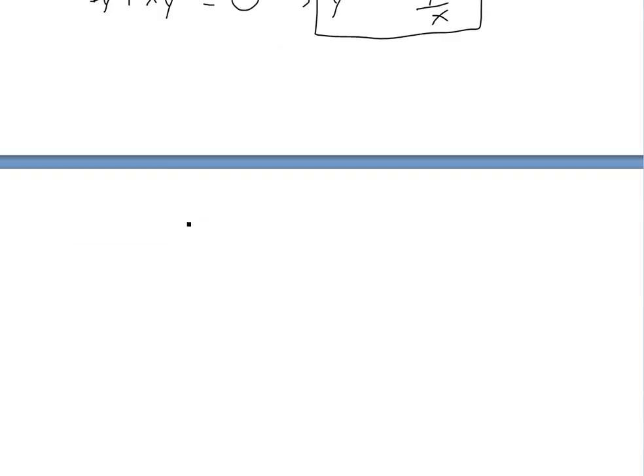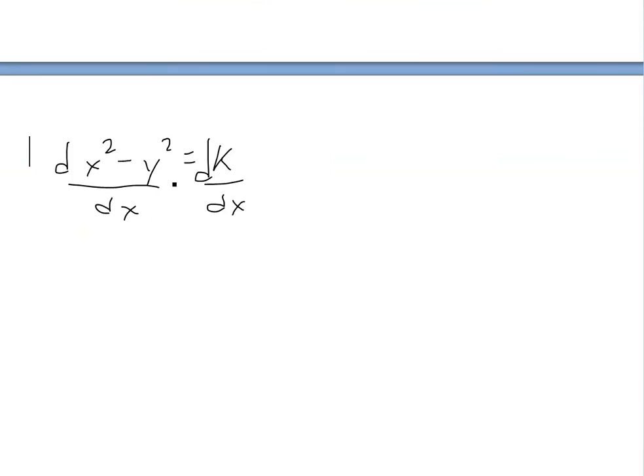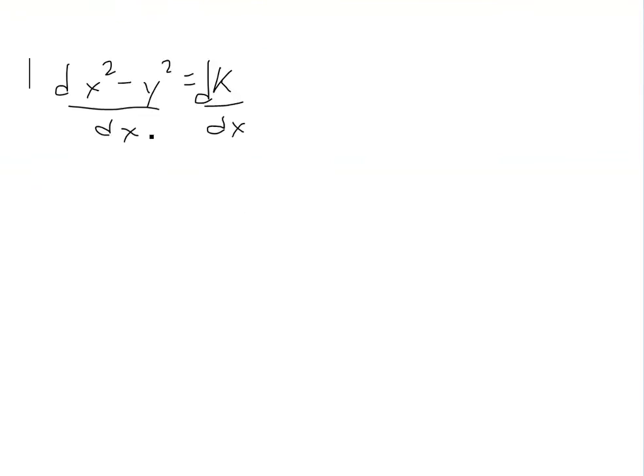And now the second one, where we have x squared minus y squared equals k. Now we take the derivative of both sides, d over dx, using implicit differentiation. Again, you can see more on implicit differentiation in the video links below. Taking the derivative of the left side using the power rule, we bring the 2 down, so 2x, that's the derivative of x squared.